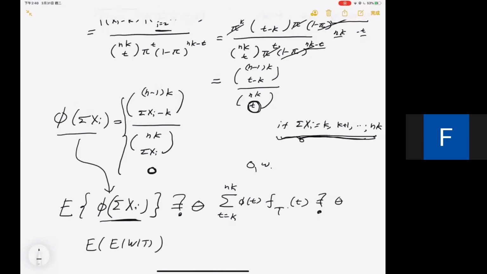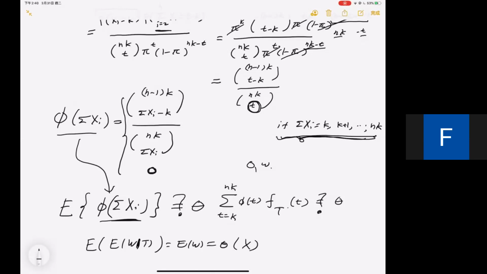Well, this is a question in E, so it's not going to be that easy. I just do all these kinds of options, and then show that phi of summation xi is an unbiased estimator. I said it, right, so you need to point it out.